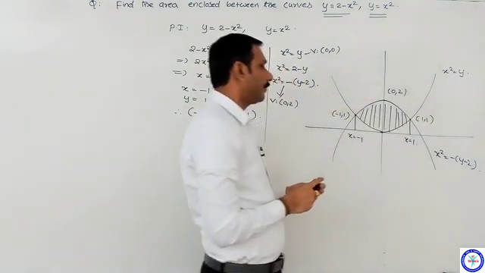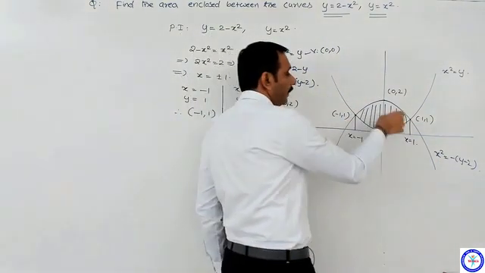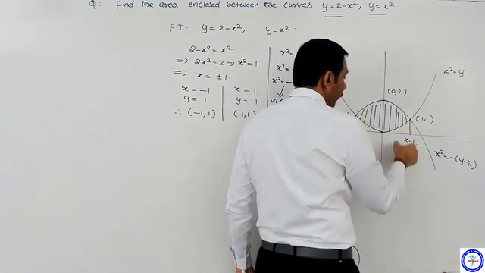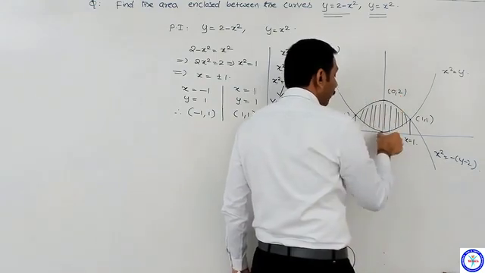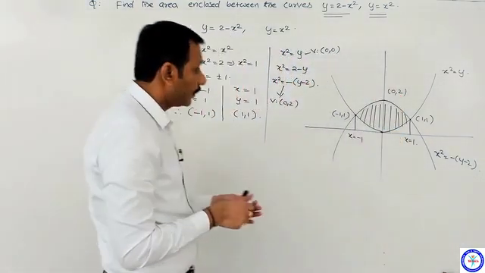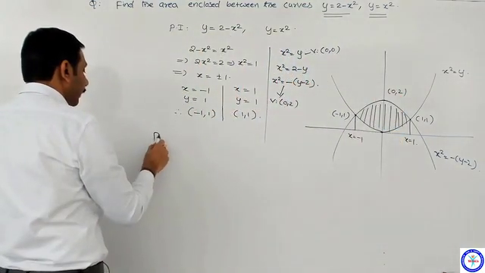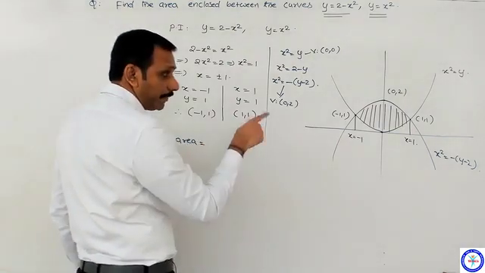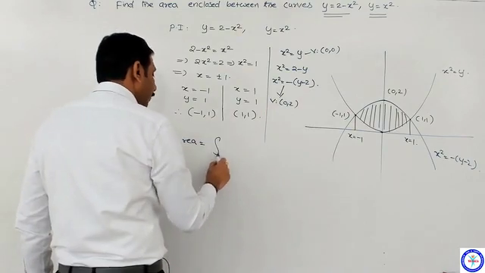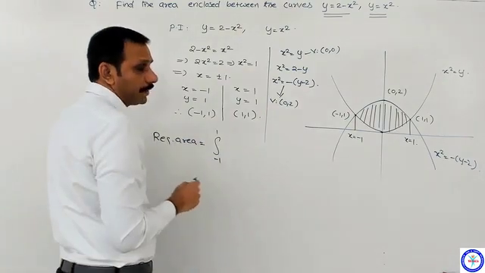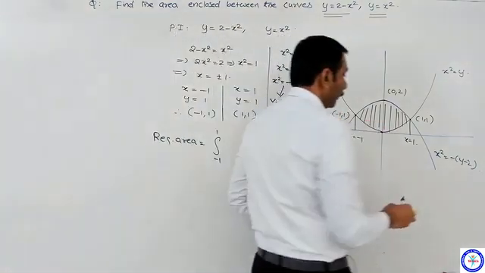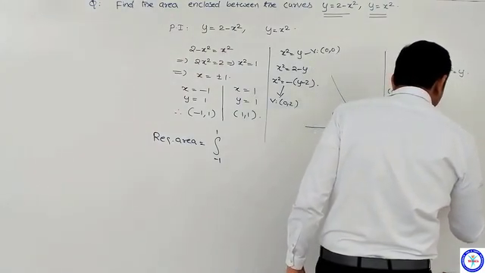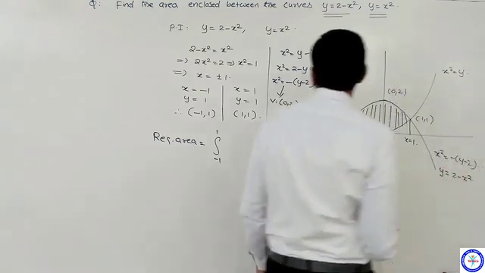Our same concept: area between the curves, with points of intersection a and b, means integral a to b, upper curve minus lower curve, that's all. Therefore, the required area, or shaded area, or area between the curves is equal to integral minus 1 to 1 upper curve. What is the upper curve you see here? Y is equal to 2 minus x square.